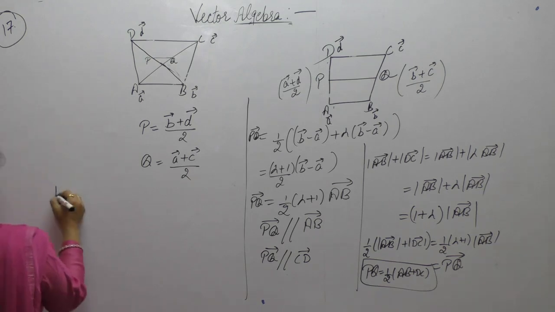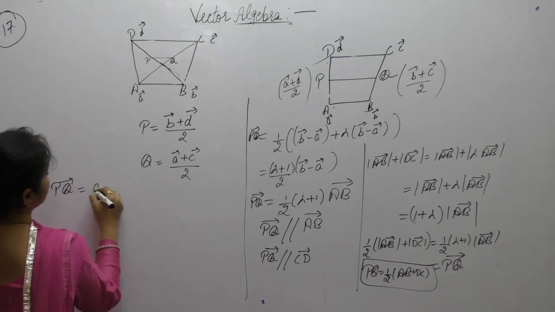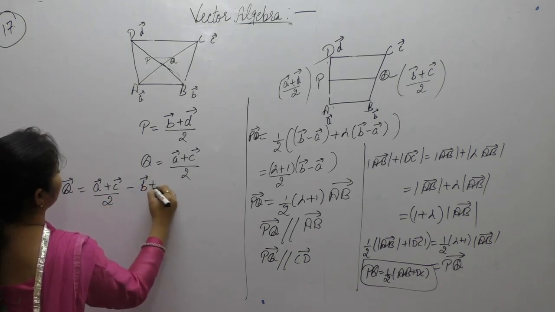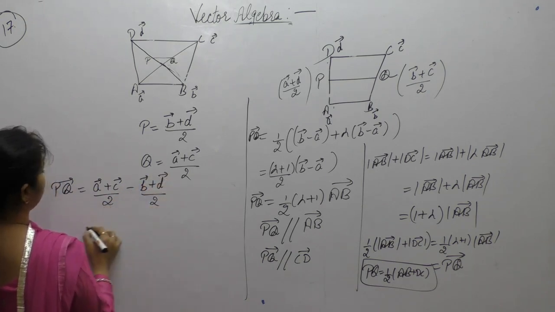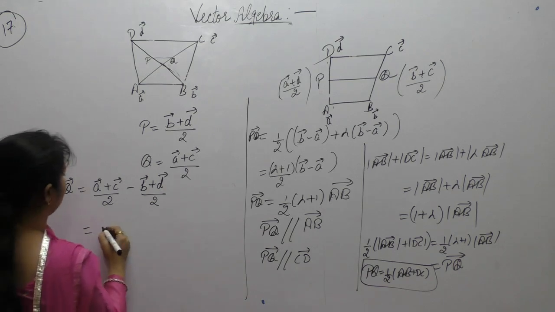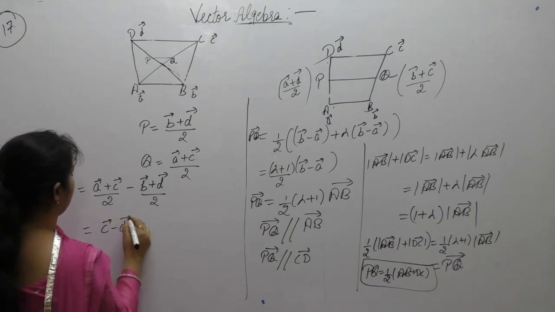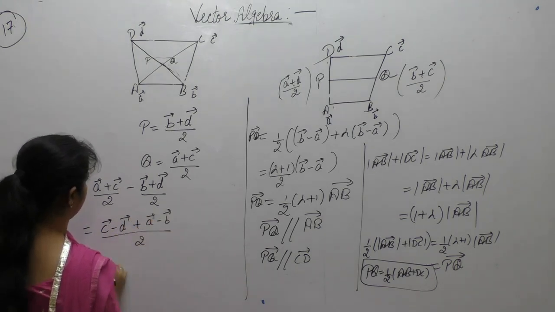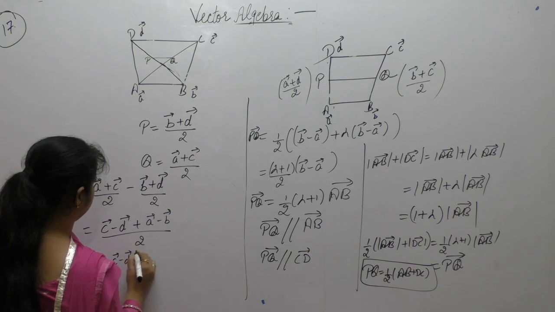Now PQ vector is equals to position vector of Q minus position vector of P. So we can write it as C vector minus D vector plus A vector minus B vector upon 2.